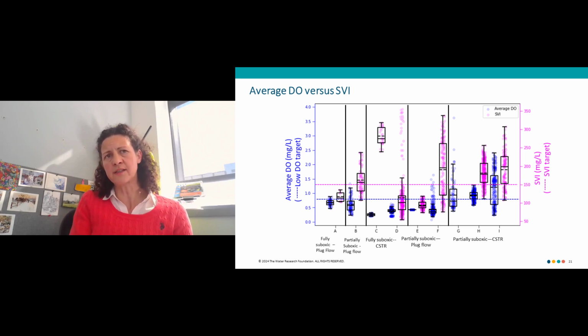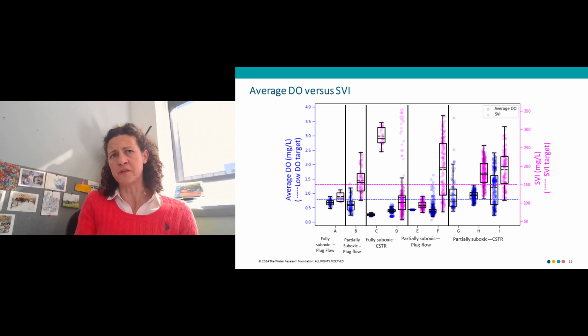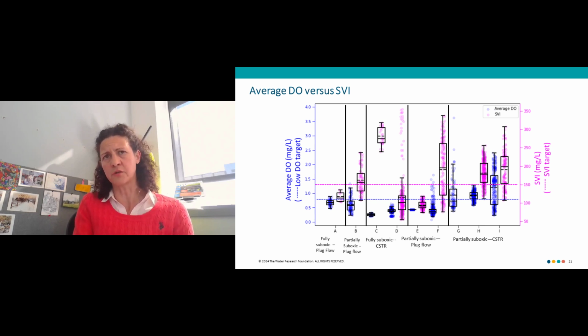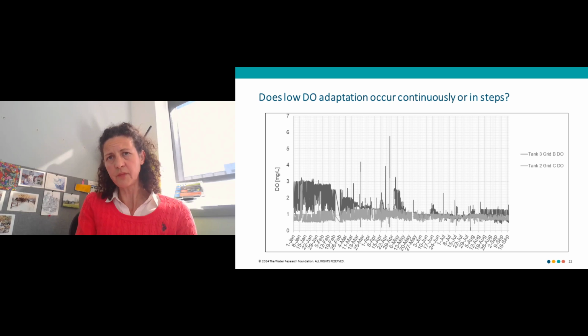We know of facilities that are operating under low DO or suboxic conditions and that do not have elevated SVIs, and we know facilities that do see settleability issues. They may have large clarifiers or enough capacity to cope with that, but that is something that we have looked closer into in this project as well, and we'll discuss.